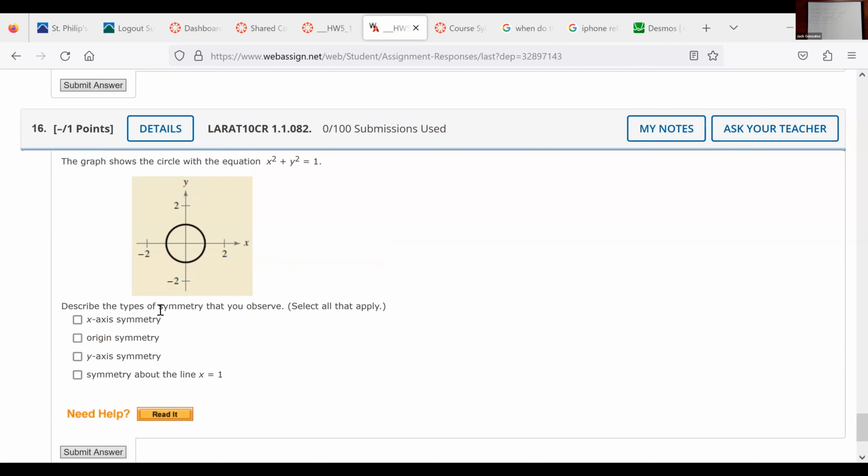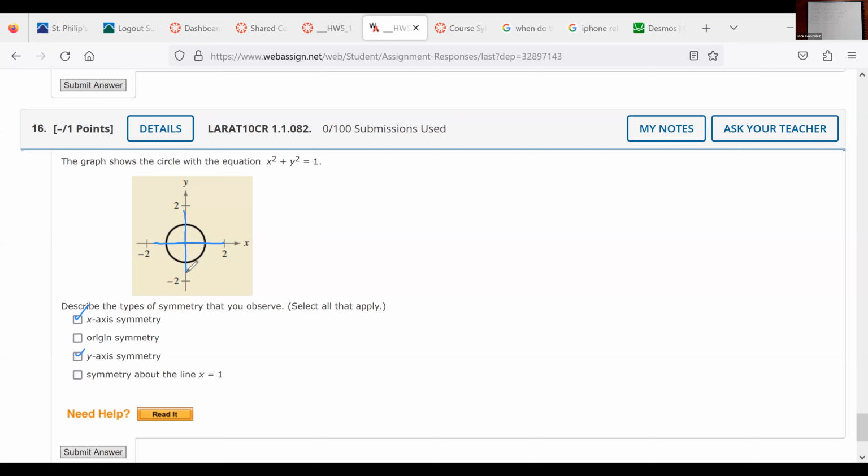Okay. We didn't talk about symmetry, but I think it's pretty obvious with circles. X symmetry means you can fold it on the x-axis and get the same stuff on both sides. So if you go this way, it's perfect symmetry, right? If you fold it in half, you have equal sides. Y-axis, right? It's a circle, so it should be perfectly foldable this way too.